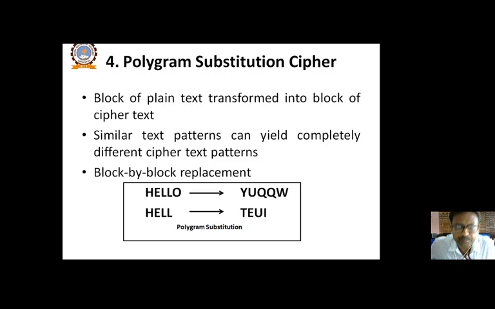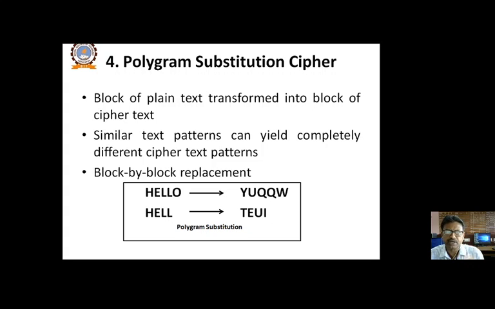The next one is the polygram substitution cipher. Now, polygram substitution cipher says that instead of substituting individual characters or individual alphabets, why not make a block to block transfer? Because a block of the plain text transforms into a block of the ciphertext.